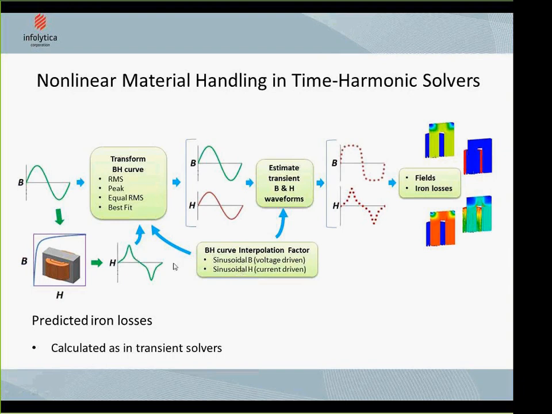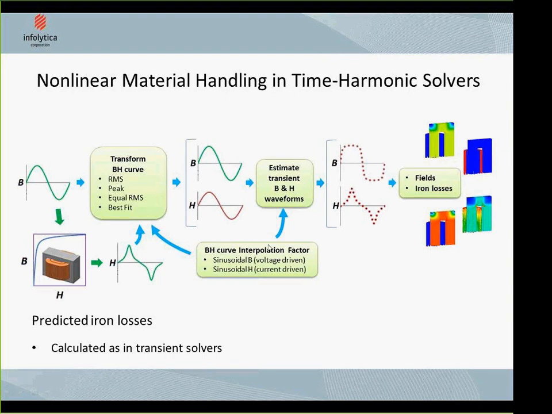Then it will transform your non-sinusoidal waveform into an equivalent single frequency waveform, which then allows you to apply the time harmonic solver. After that, you estimate your transient waveform, from which you derive your fields and iron losses.